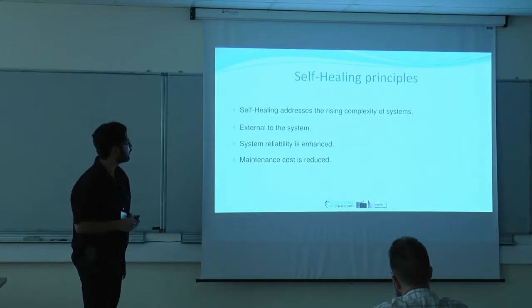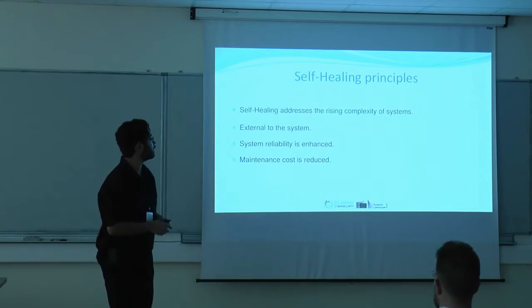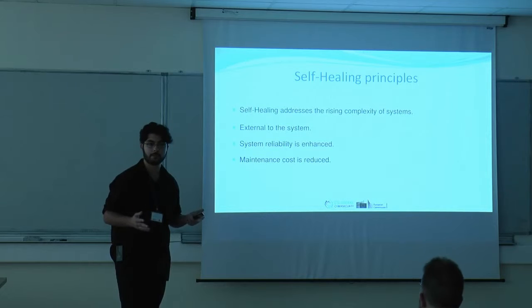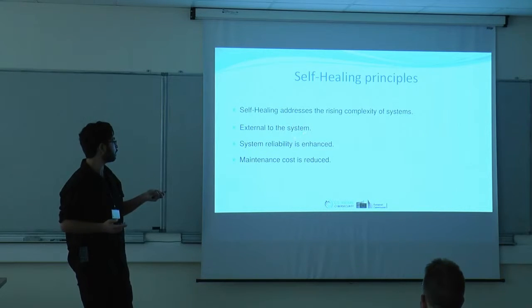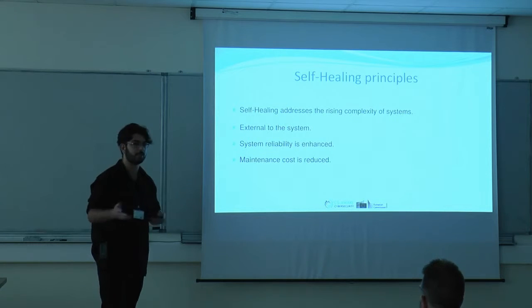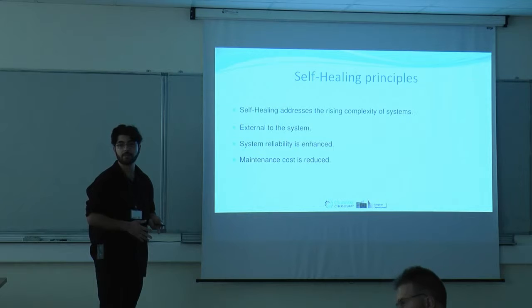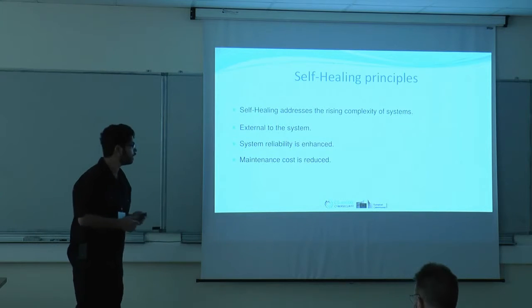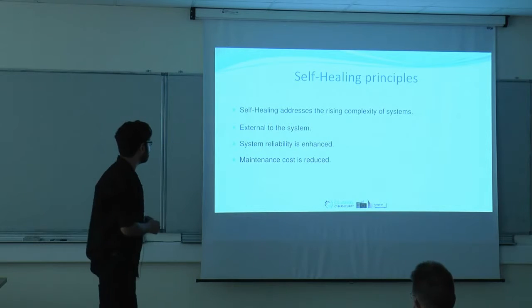So, what does self-healing do? Self-healing addresses the rising complexity of systems. It comes as a solution. It's an external solution, external to the system. It's not integrated, although some implementations of self-healing are integrated, and they have some advantages. We're going to analyze it later.